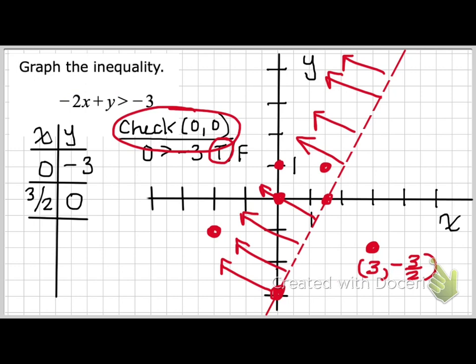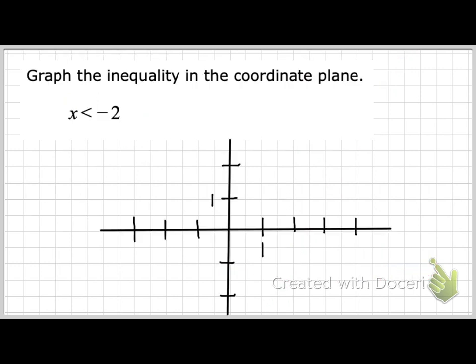We are going to move over here to graph the inequality in the coordinate plane. And these are inequalities, I should say, where we have a single variable. Students still get tripped up on this a little bit, but if you just slow down and think about the sense of it, it should not be difficult. I think students do realize that this is horizontal or vertical, and then sometimes they make the wrong choice.